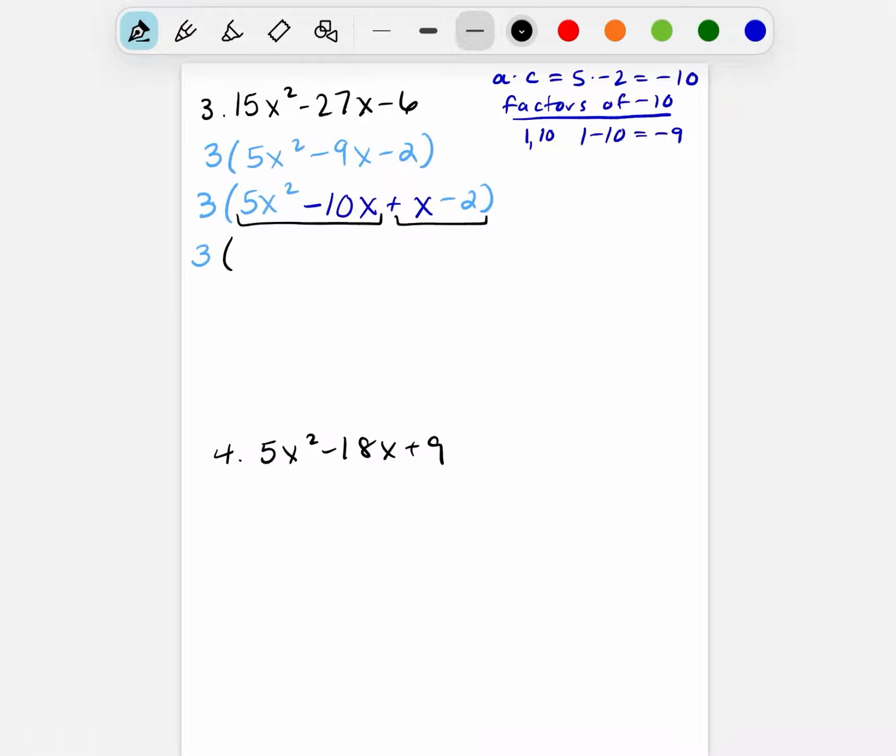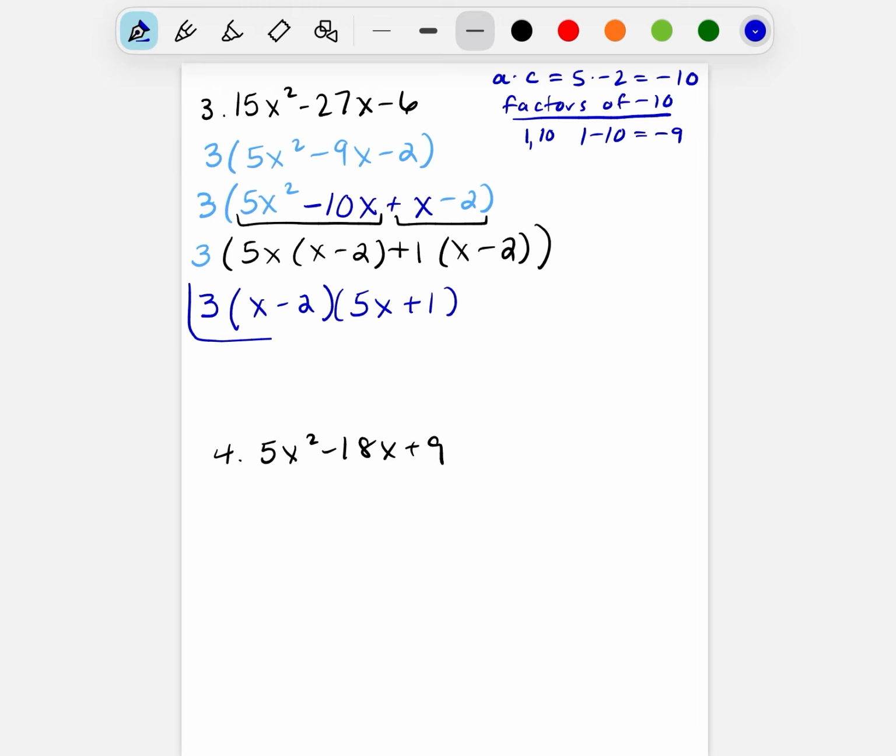And then I have a greatest common factor of 5x for this first group, x minus 2 left over, plus x minus 2. Well, there's nothing in common except for 1, but I need to factor something out, so I will pull a positive 1 out, and I'm left with x minus 2. I'm going to keep that 3 out front. I see an x minus 2 in common, left over with a 5x plus 1. So those are my factors.